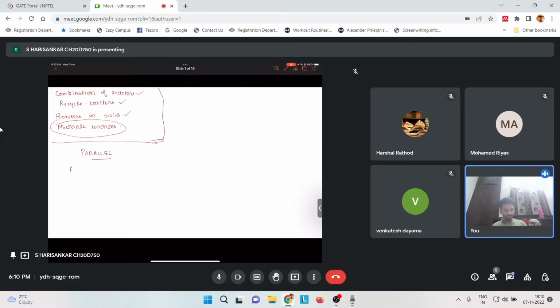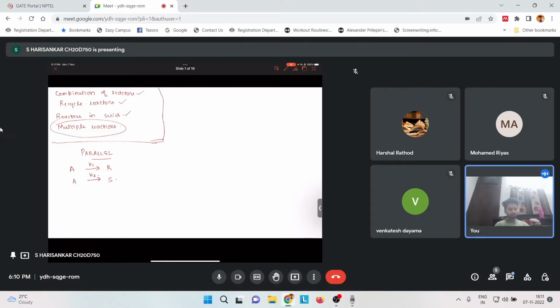So just a simple example, A gives R and A gives S. And let's say K1 is the rate constant, K2 is the rate constant. So we learned about the selectivity and yield of these products, right?